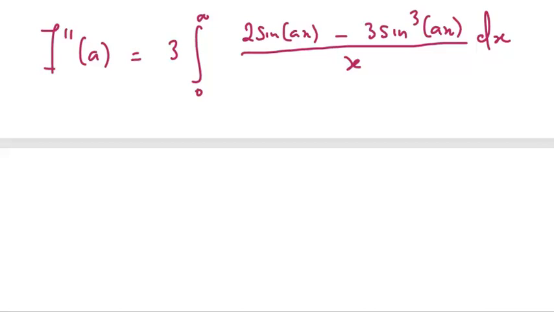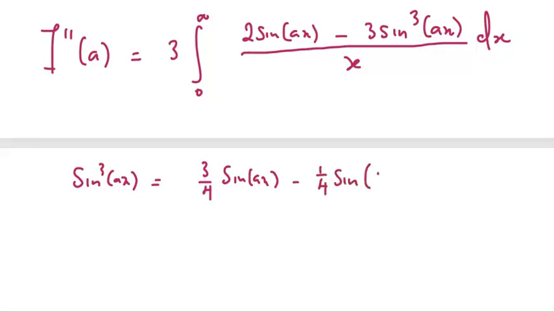Now we're going to use this identity. We know this sine cubed of ax, with the trigonometric identity, is going to be 3 by 4 sine of ax, then minus 1 by 4 sine of 3ax. So using that, we get I prime prime of a equal to, remember we have negative 3, so it's multiplying everything out. So we have 3 integral from 0 to infinity.